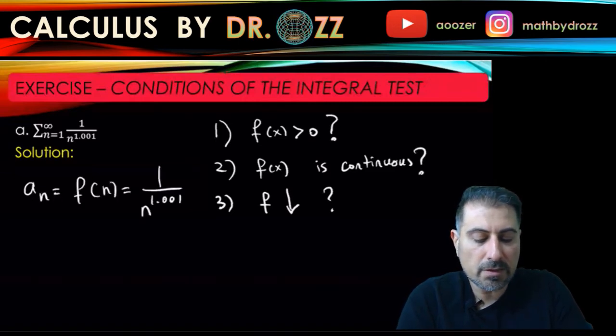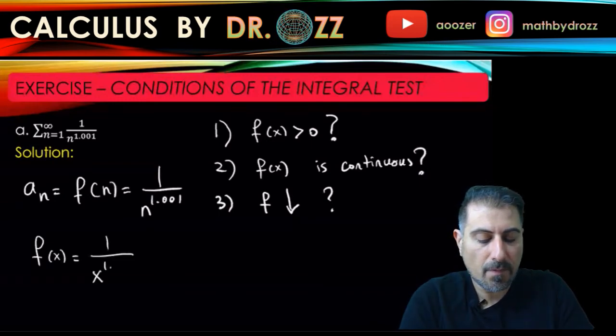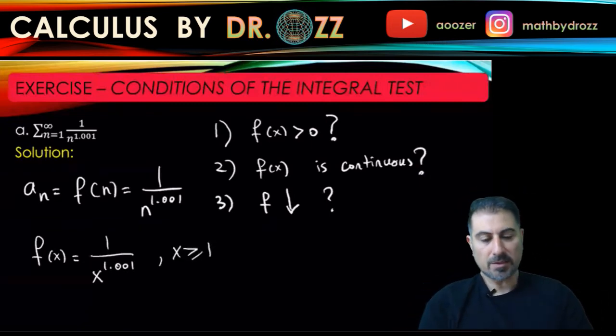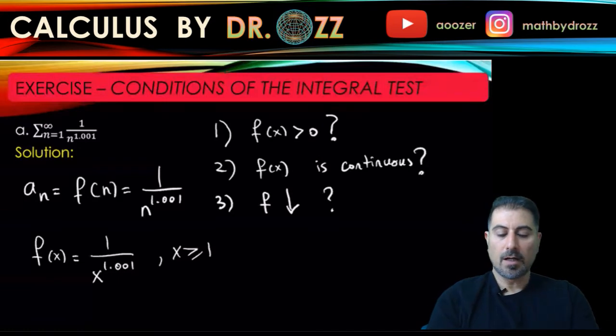So that allows us to define f of x to be this for x greater than or equal to 1. If x is greater than or equal to 1, you're talking about a 1.001 power of a positive number, and that's positive. So this is immediate: f is a positive function.